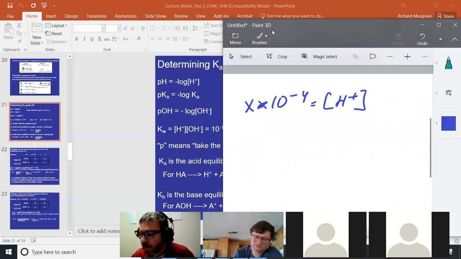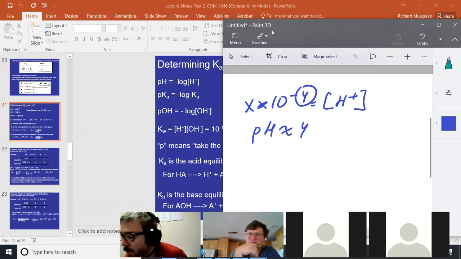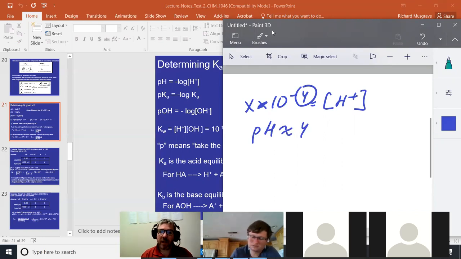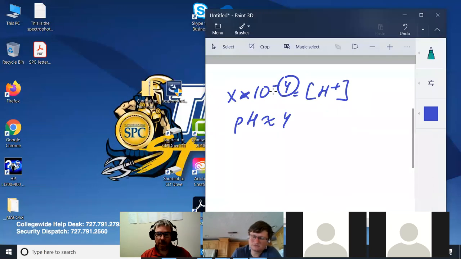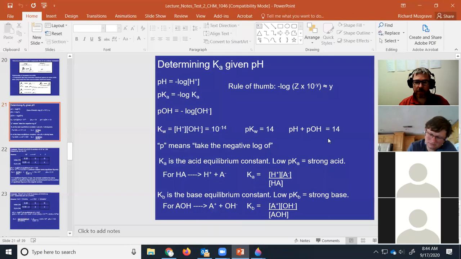And if you want to find out the pH in general, the pH will be approximately what the exponent is with the negative removed. If you don't believe me, you can always try this out. So the pH is the negative log of the hydrogen ion concentration.